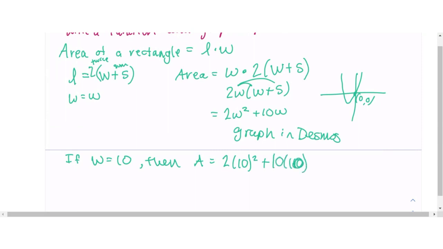So 10 squared is 100. So 2 times 100 plus 10 times 10 is also 100. So that's 200 plus 100. So that means the room would be 300 feet squared or square feet.